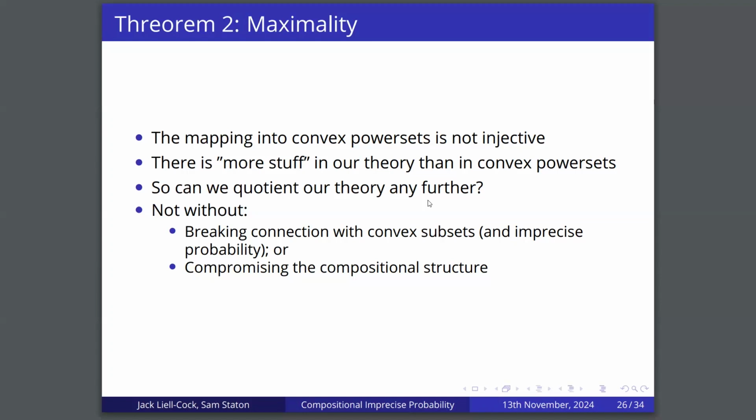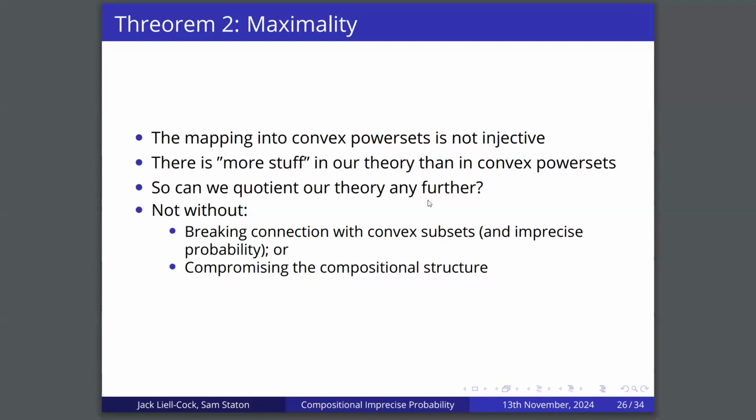Basically the reason is, if we try to equate any two more programs in our language that are not already equated by their interpretation in the monadic language, then either we will break the connection with convex subsets, so we'll equate two programs which represent two different convex subsets, which of course breaks the connection with imprecise probability.